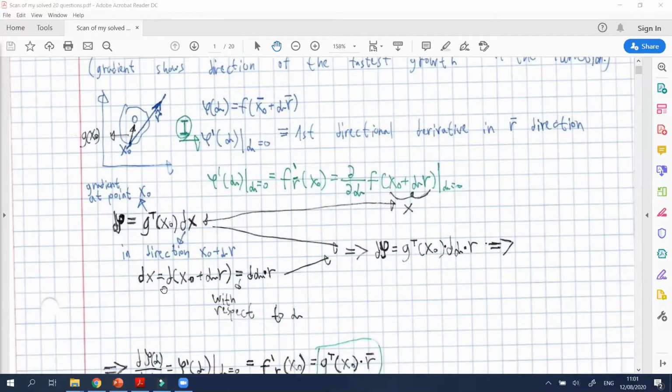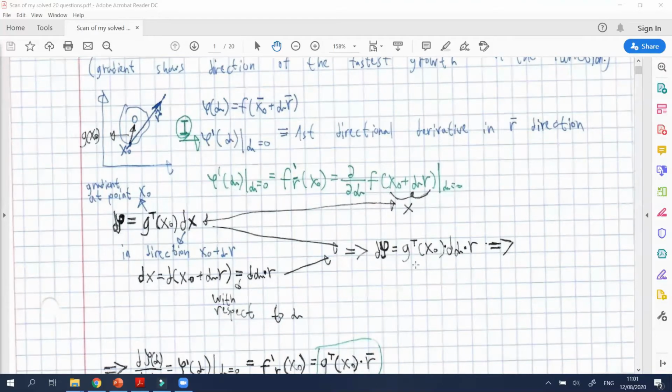In dx, the differential of x, when x is defined to be x0 plus alpha r, which is a vector, obviously, a vector line in some n dimension, x0 would be a constant because the differential here is with respect to alpha, so it would just be d alpha r.